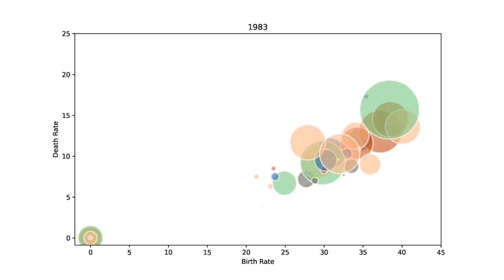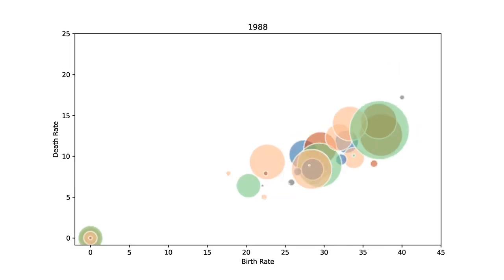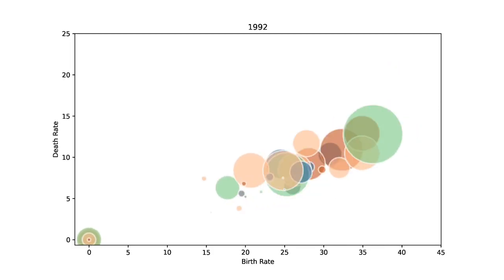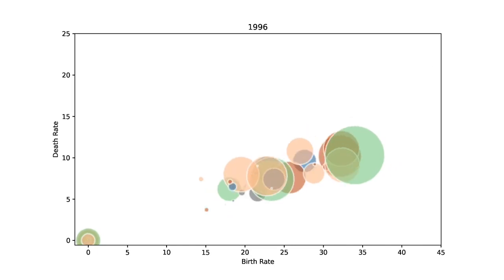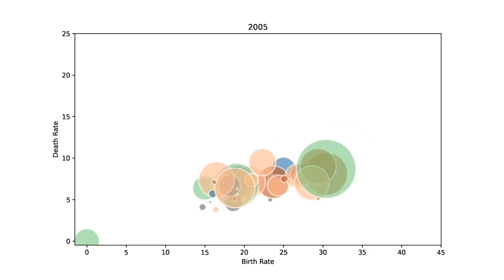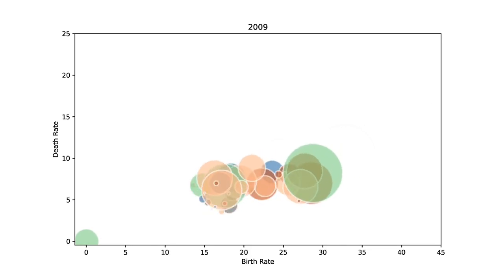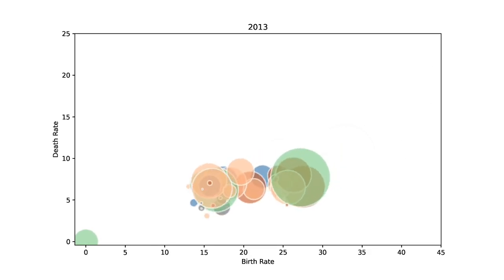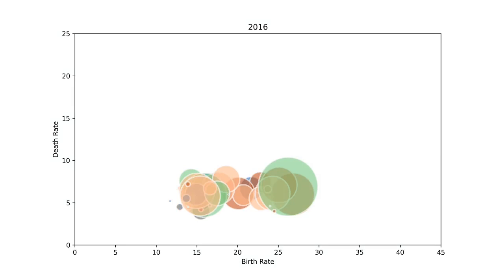They move towards a certain point very quickly, which is the national birth rate or death rate. They are not all converging exactly to that point, but they are coming closer to each other. So this is the final plot of 2016, where you can see that all of the values are around the national birth rate and national death rate.